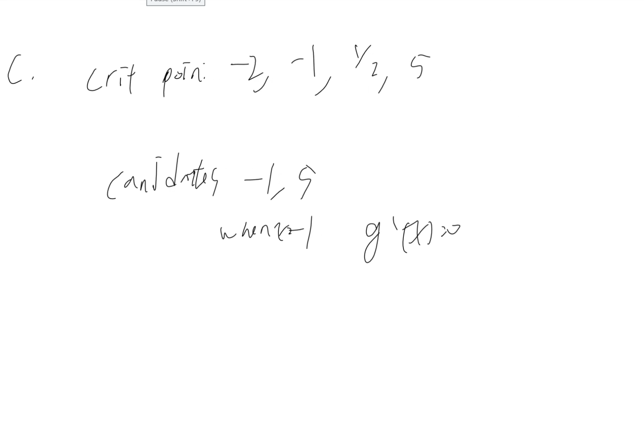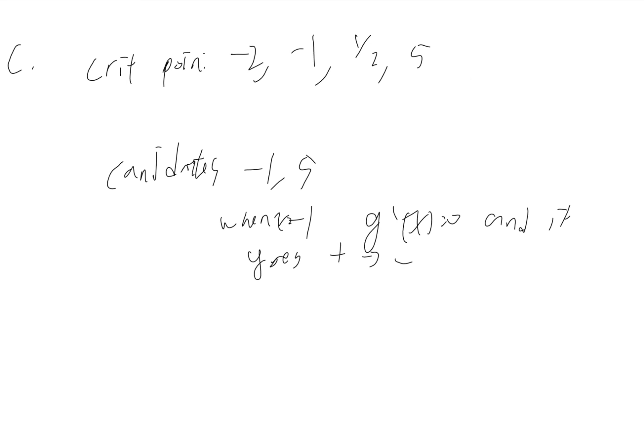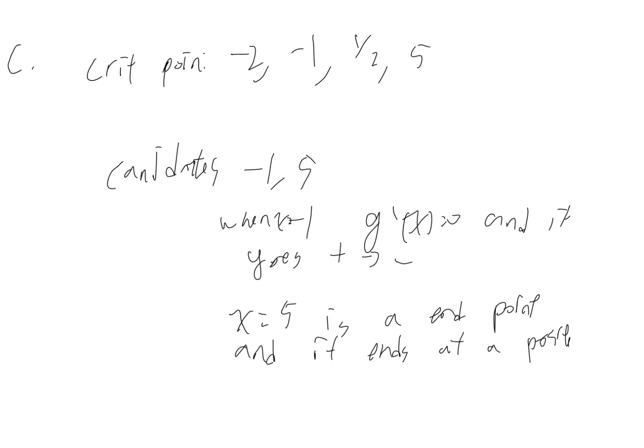That's basic for a critical point, and it goes from positive to negative. And x equals 5 is an endpoint, and it ends at a positive slope.